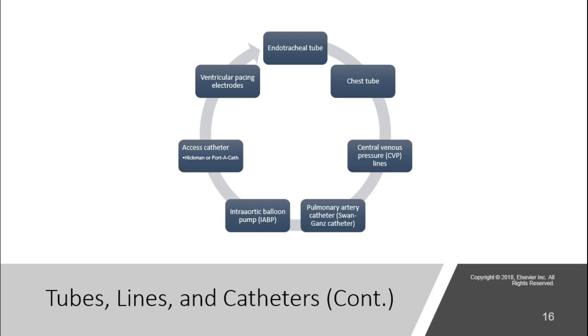The access catheters, so there's a Hickman or a portacath, and the difference is the portacath is usually under the skin, whereas a Hickman comes out of the skin. It has a dual port, and it's kind of IV lines hanging out of the skin. And you have your ventricular pacing electrodes.